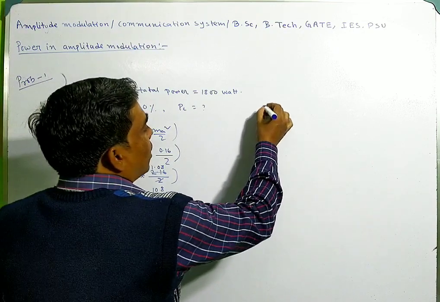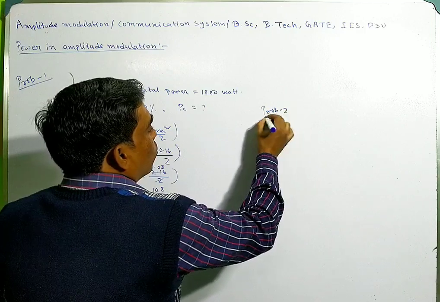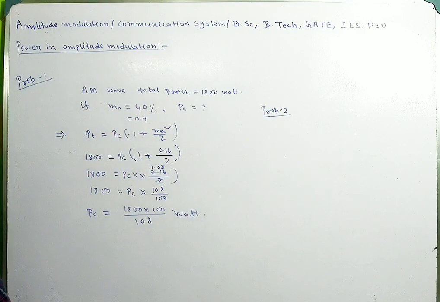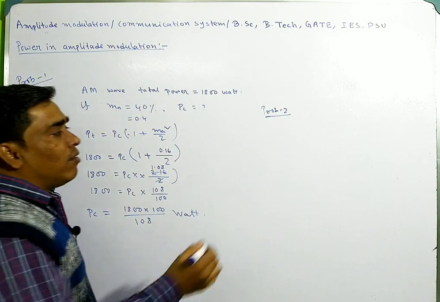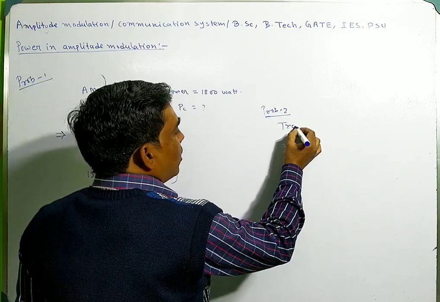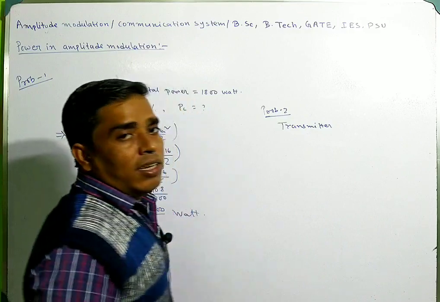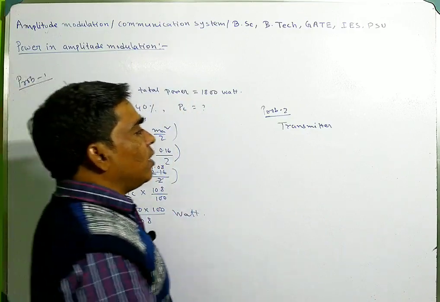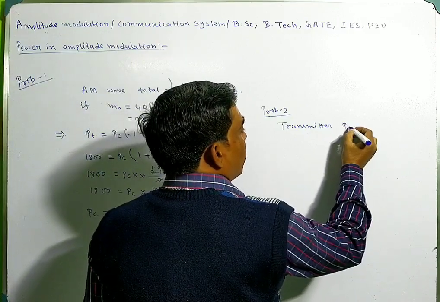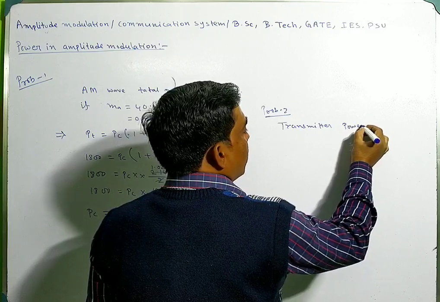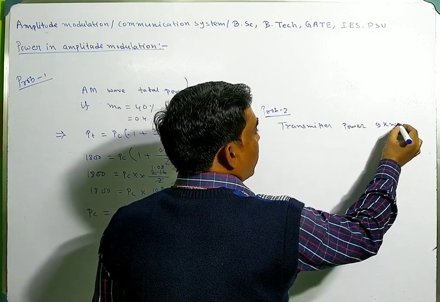Now problem number 2. Suppose you have a transmitter. The power of this transmitter is given by 9 kilowatt.